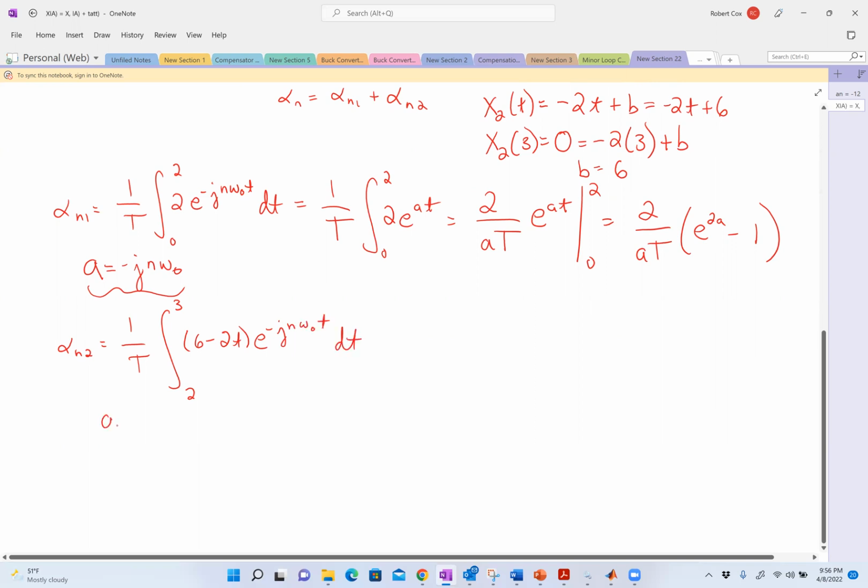Now, again, I'm going to make the substitution here that a equals negative j n omega naught. So I'm going to evaluate the integral. But before I evaluate it, I'll plug in the a value. So this becomes integral 2 to 3, 6 minus 2t e to the a t dt.